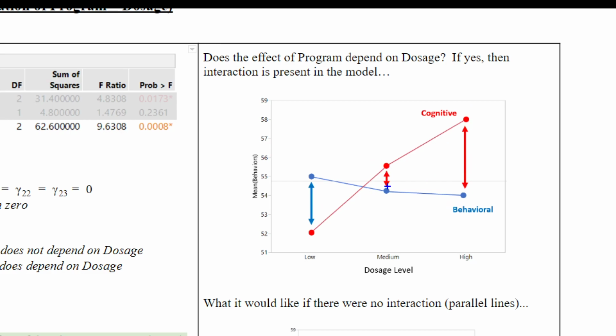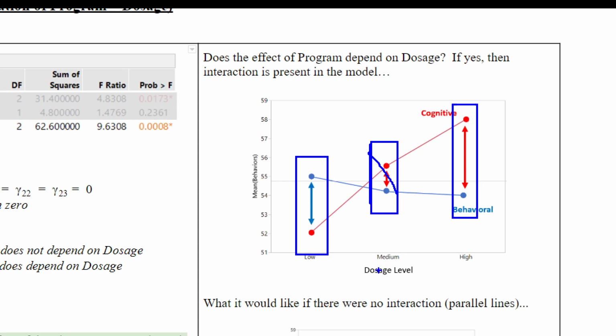In the middle here, cognitive is higher, but not nearly as much. And then over here on the left side, it actually flip-flops and behavioral is higher. So the pattern that I'm seeing here is different than the pattern that I'm seeing here, and is different than the pattern that I'm seeing here. If that's the case, then I have interaction. And this p-value over here is going to be small.